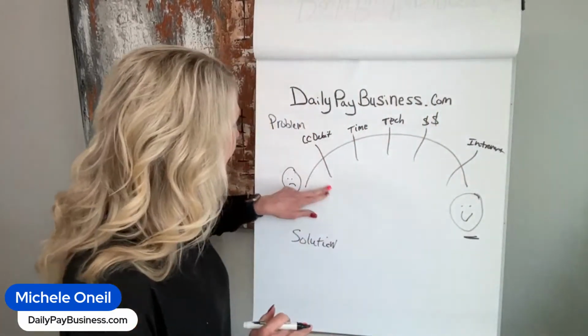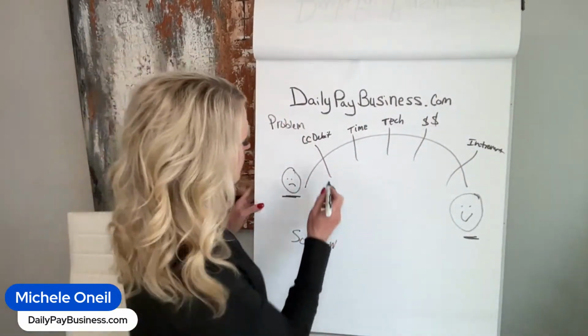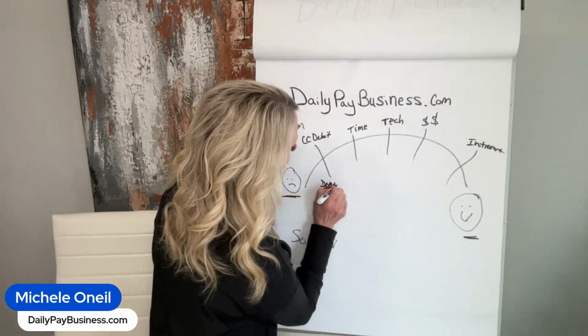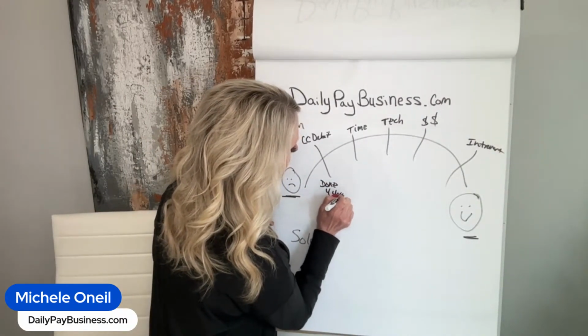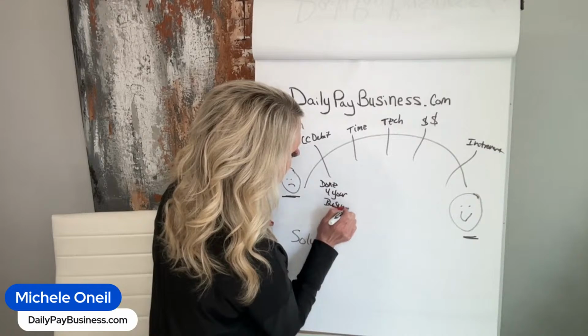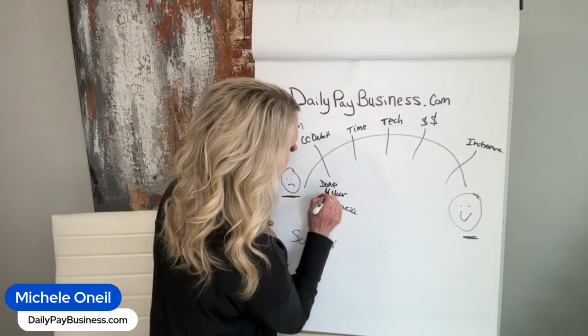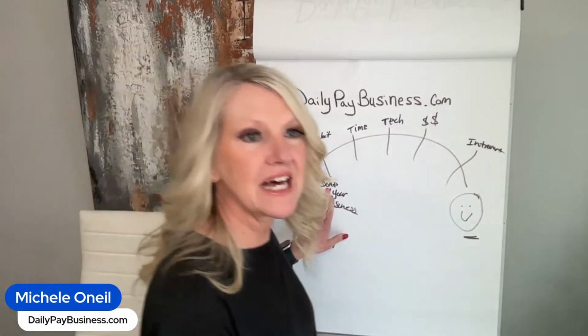So how do we solve that? Credit card debt. Okay. Done for you business. Now, why do I say done for you business? This is huge. Because if you try to create something from scratch, that takes a lot of time and money, by the way.